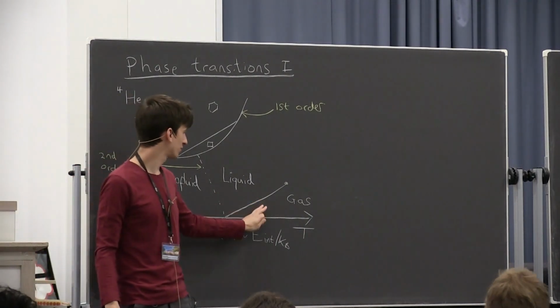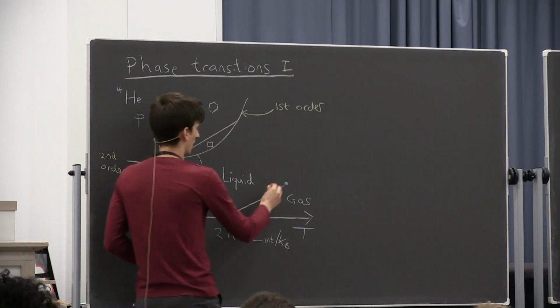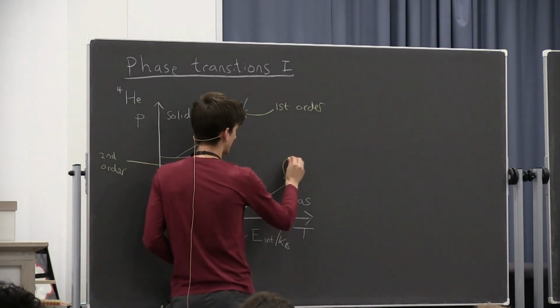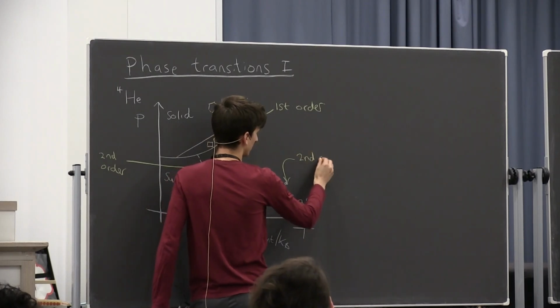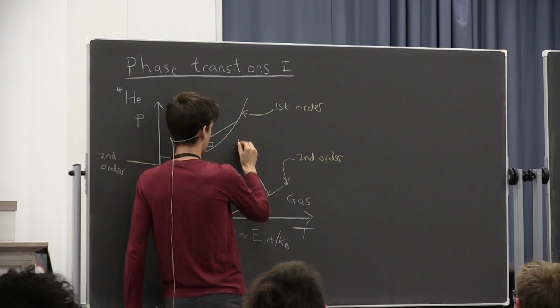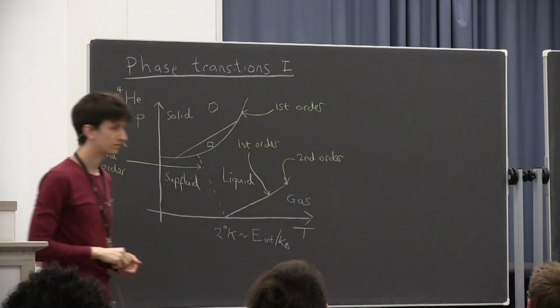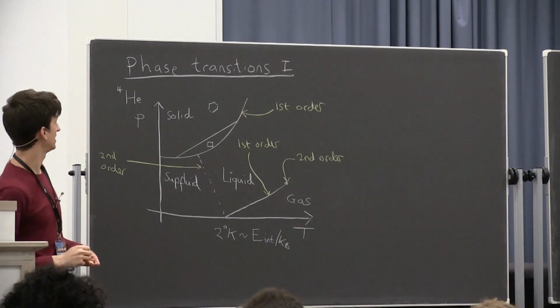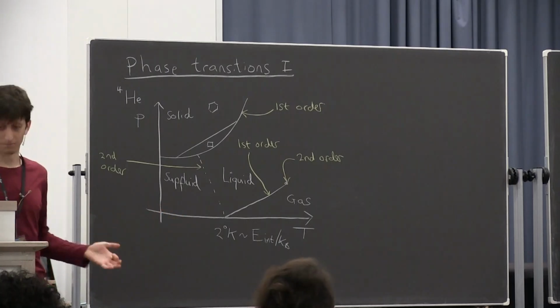And this line of first order phase transitions ends in an endpoint. The endpoint itself, sometimes called the critical point, is second order. But the line is a line of first order transitions. Okay, that's helium-4. I thought I'd show it because it has quite a lot of stuff going on.